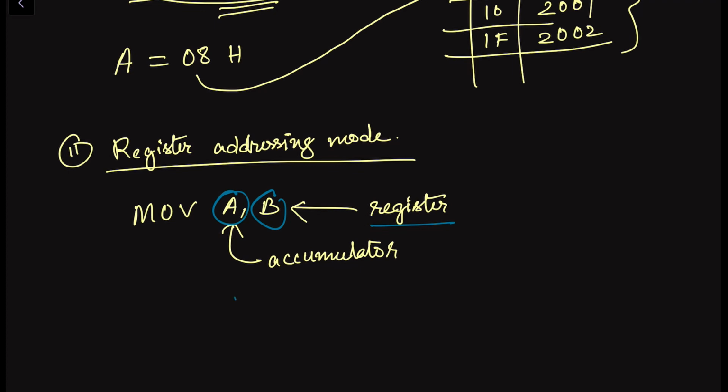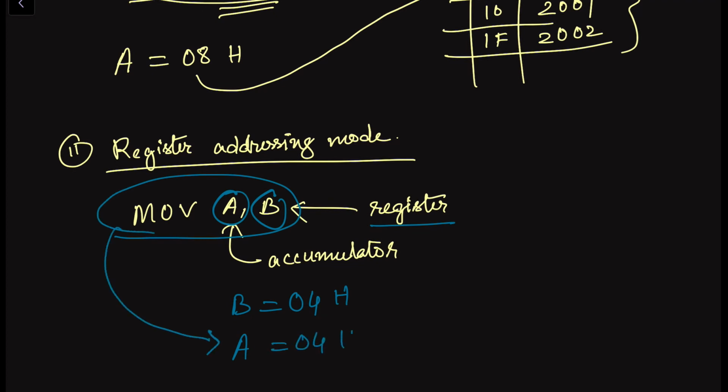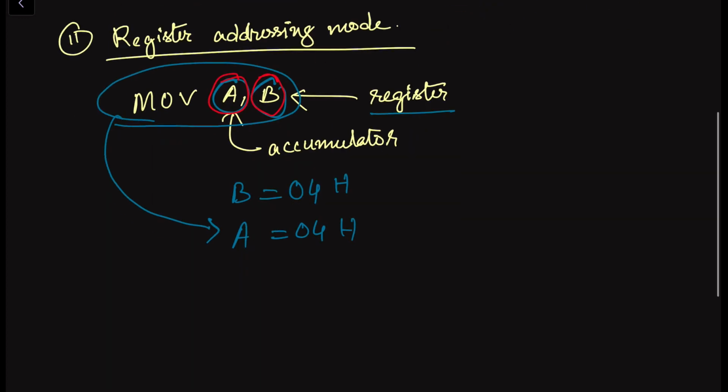Suppose B equals 04 in hex code. Then after executing this instruction, the A value will be equal to 04 in hex code. So this is one example of the register addressing mode. In this case, we can see that we have different registers holding the values or data.